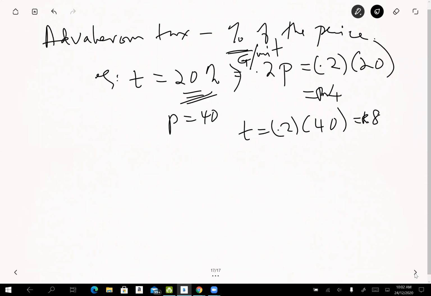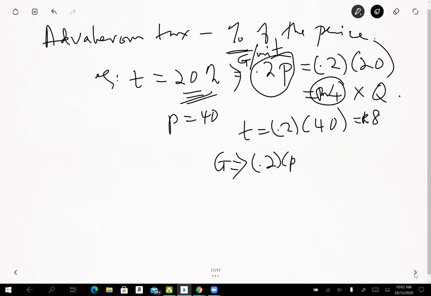Correct? If you want to compute the total G, the total G will be equal to what? It will be equal to this tax per unit, which is 4 ringgit, multiplied by the quantity. So the total G will be equal to 0.2 multiplied by the price multiplied by Q, the quantity.